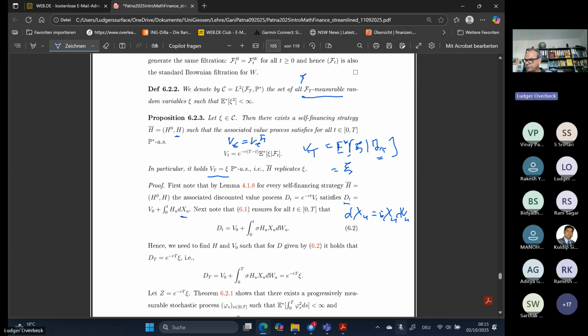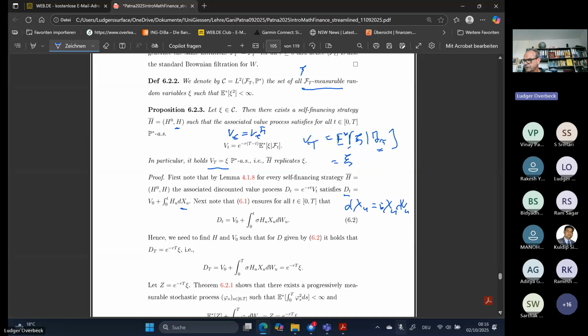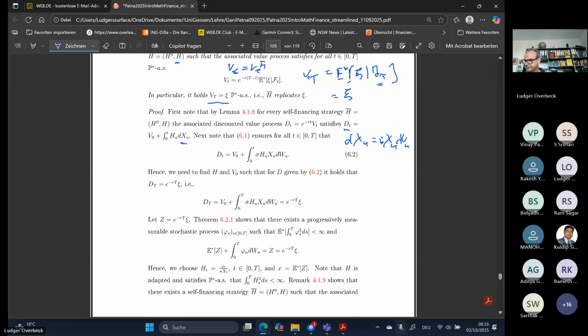So in order to prove this proposition, we need to find H and V_0 such that for V given by 6.2, it holds that this one equals the discounted claim. And this we get because we know that this is in L2, so it's also a reachable claim.